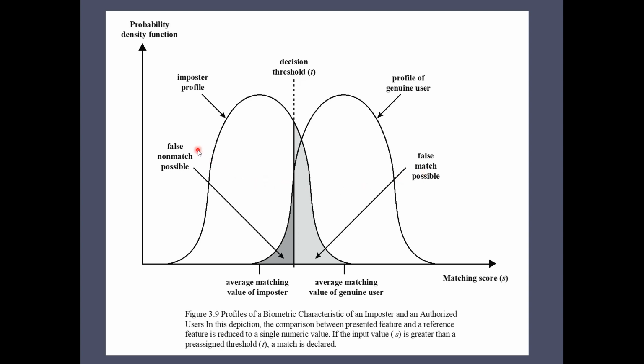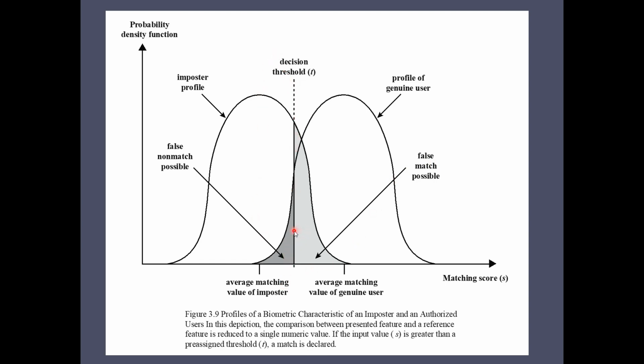Okay, so between false non-match rate, FNMR, or FRR, false rejection rate, and here FMR or FAR, false acceptance rate, between them is the threshold.